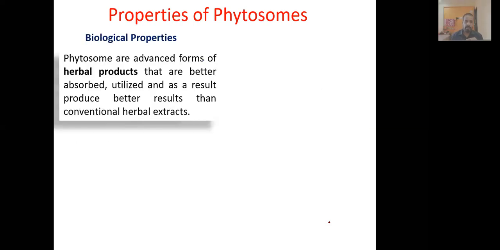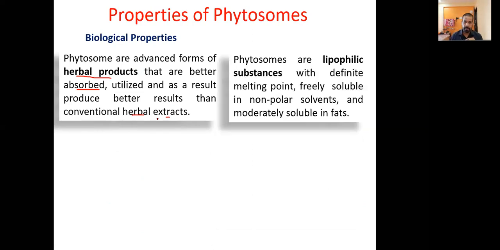Biological properties. Phytosomes are an advanced form of herbal product that are better absorbed, utilized, and as a result produce better results than the conventional herbal extract. Then phytosomes are lipophilic substances with a definite melting point, freely soluble in non-polar solvents and moderately soluble in fats.